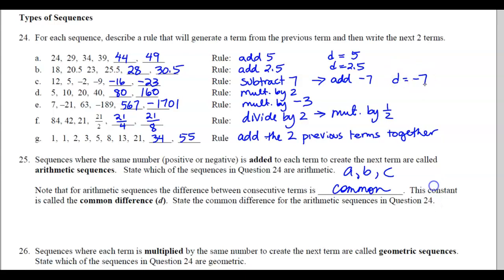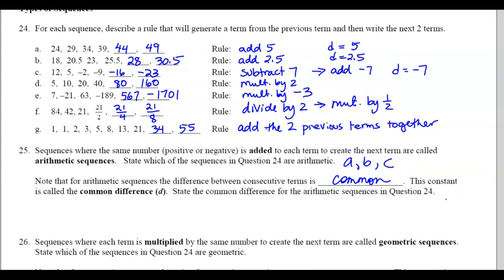So it's always the number that you keep adding to get the next. So we would never say D is 7, even though we keep subtracting. So it's always going to be what number do you add. So we have to add a negative in this. Okay. So these are up here.